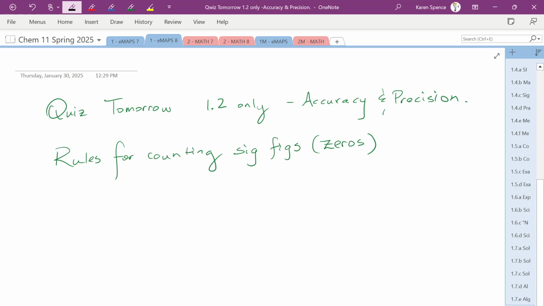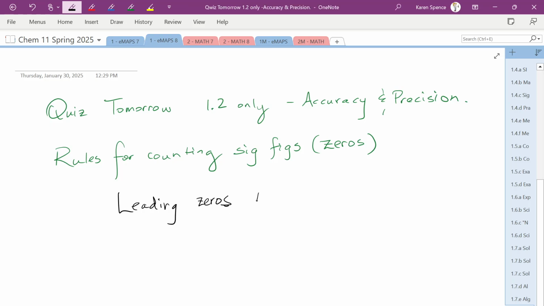Okay. All right, anyone got a rule for sig figs to tell me? Just tell me one. Who's got one rule for me? Yes. Pardon me? Leading zeros? Okay. Are they significant or not?